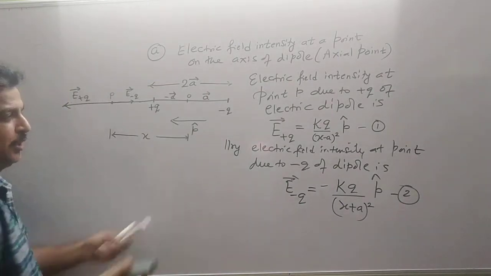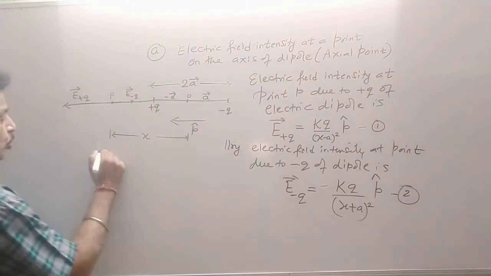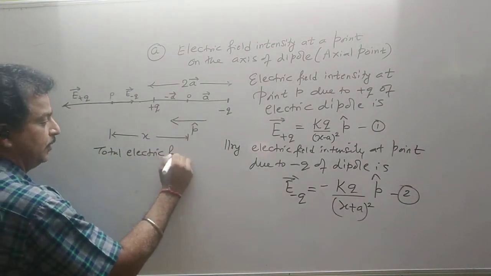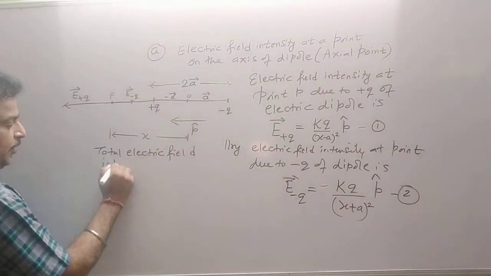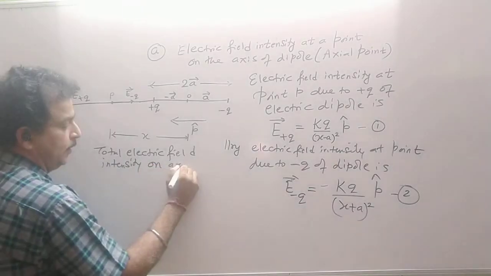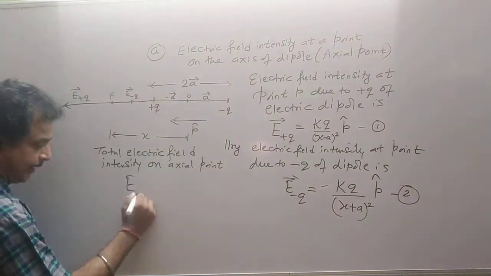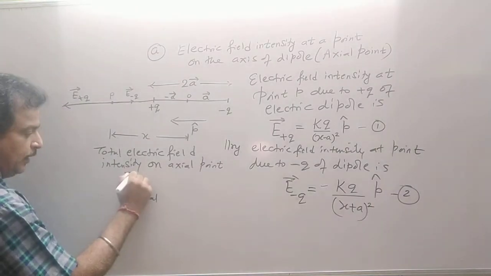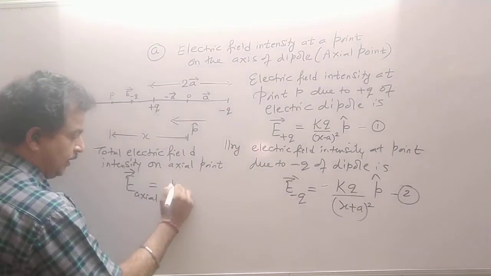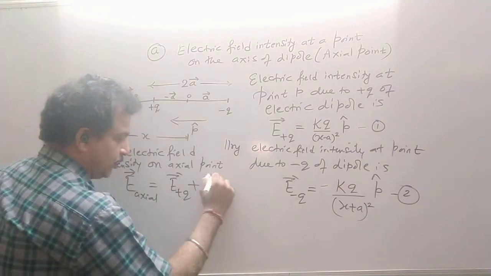Now, using the superposition principle, the total electric field intensity on axial point, E axial, is equal to the summation of E plus Q vector plus E minus Q vector.